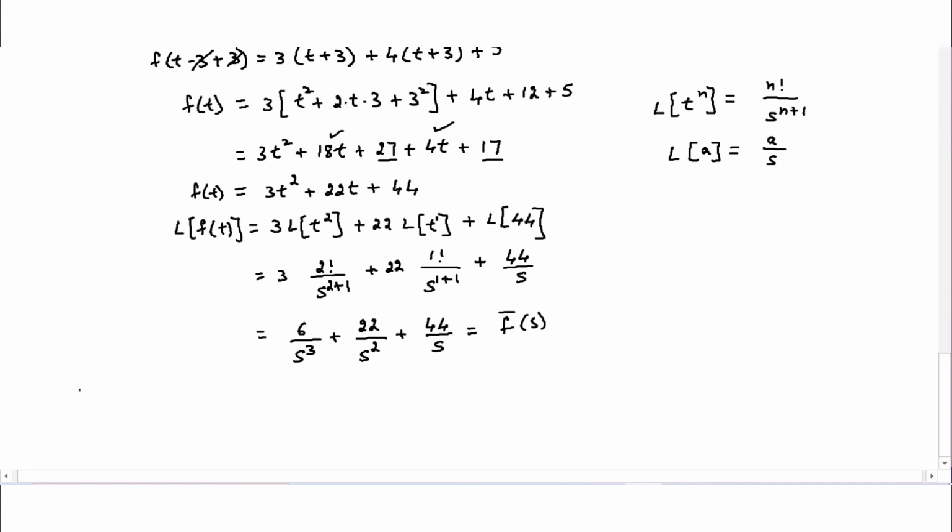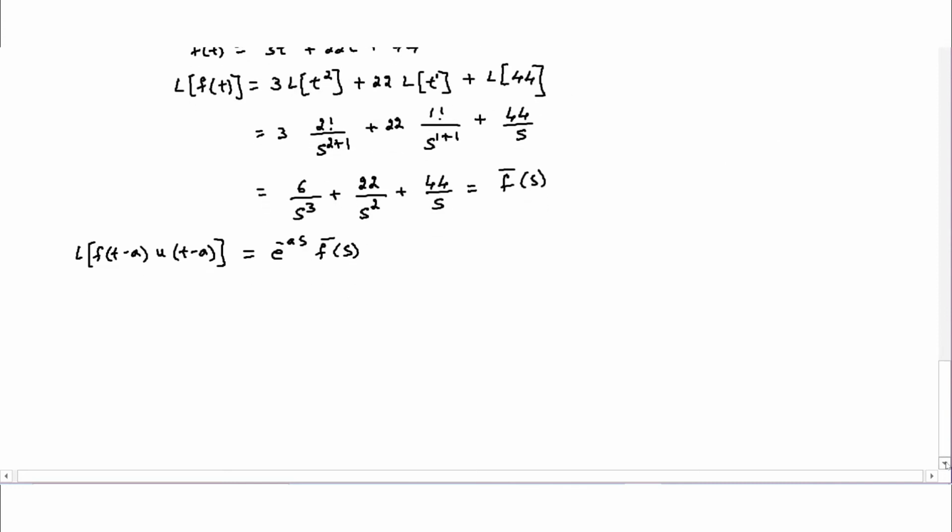We know the property of unit step function. Laplace transform of f of t minus a into u of t minus a is nothing but e power of minus as into f bar of s. Initially itself I have shown you the value of a to be equals to 3. So that value we will plug in over here.